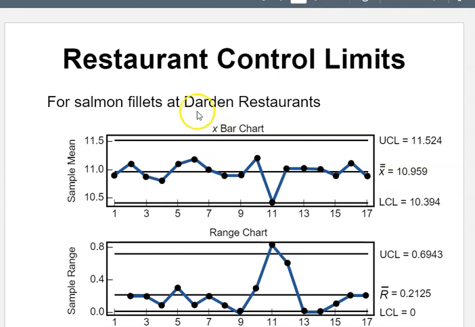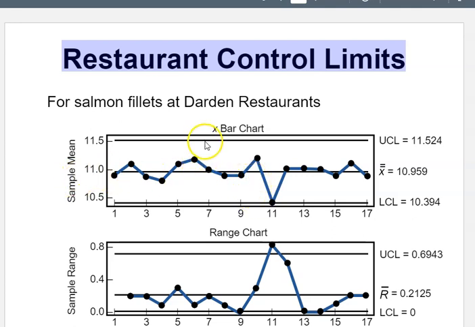So let's say we have a restaurant with control limits and an average sample mean here of 10, with an upper limit of 11.5, a lower limit of 10.3, and here we have our chart, right? So do you think this system is in control or not in control? Alright, again, you can see that this control chart shows that the system is out of control.